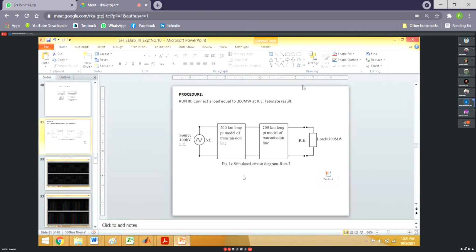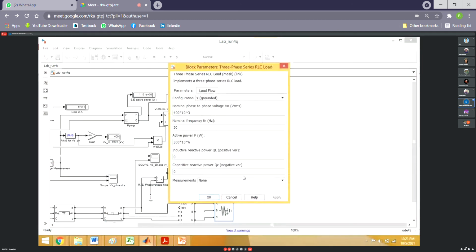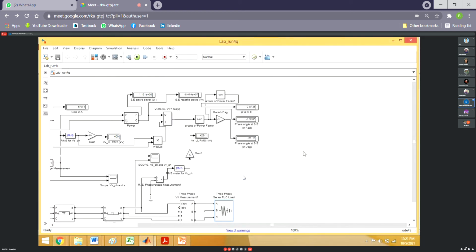So if we go directly to the simulation model, your load will be 300 megawatt instead of 591, and all other things will be the same. If I run it, what shall we expect?